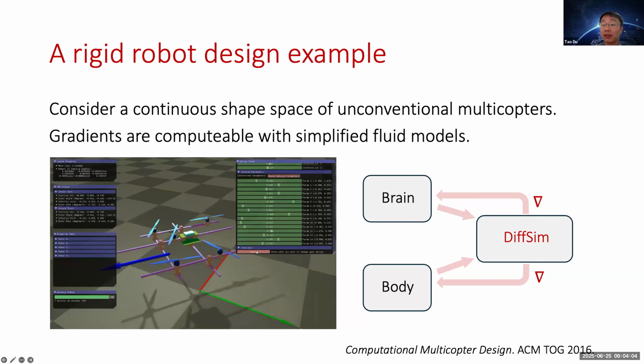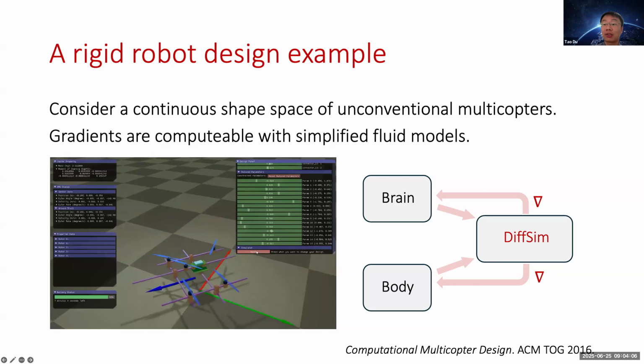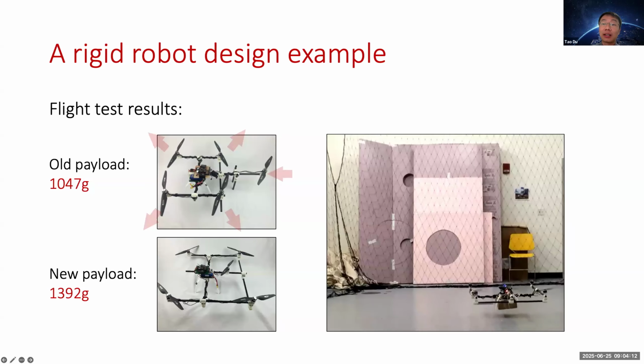And our computational method computes gradients with respect to both shape and control parameters from the simulator itself. And the optimization unlocked by these gradients from the simulator turns out to be successful and useful for discovering new designs with better flight performance.